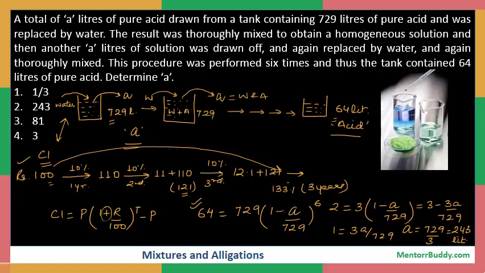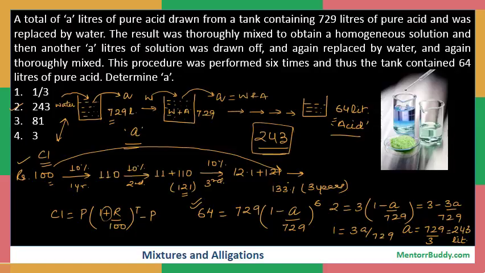So therefore, in the beginning 243 liters was removed from the initial quantity of 729 liters of acid. And then in the second, third, fourth and fifth replacement, it was 243 liters which was removed every time from the tank. And therefore the value of A, the answer to this question, becomes 243.